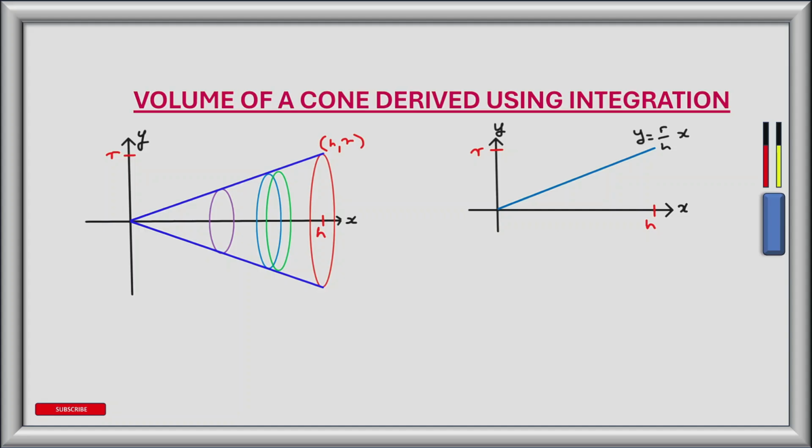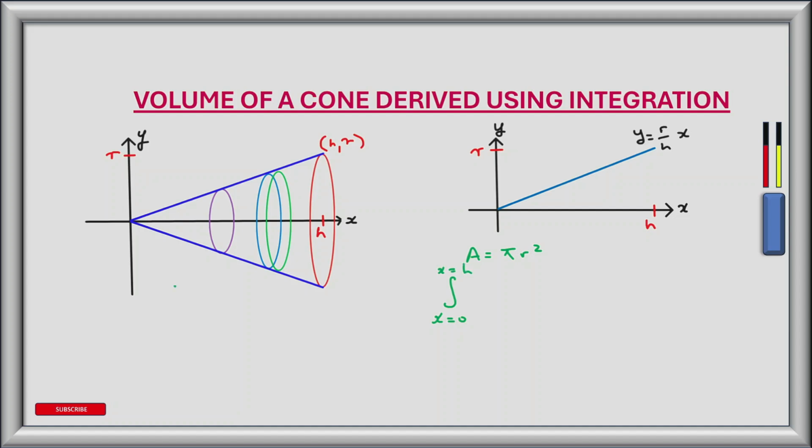So now if we add up the areas of all these circles from x equals 0 to x equals h, we'll get the volume of the cone. The area of any one of these circles, as we know, is pi r squared. So if we sum the area of all these circles, we can integrate from x equals 0 to x equals h.